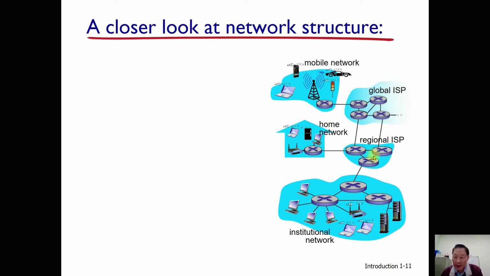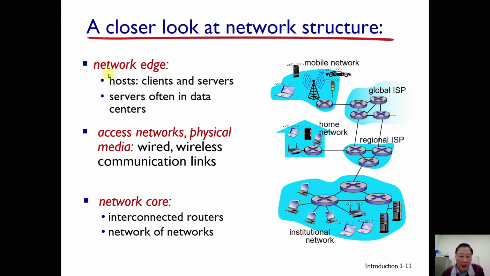Global Internet Service Provider, Regional Internet Service Provider, Home Network. This is an institutional network, our university network. The network edge is the end part of the network. Hosts are there, clients and servers, also in data centers like this. Still, those are in the network edge.